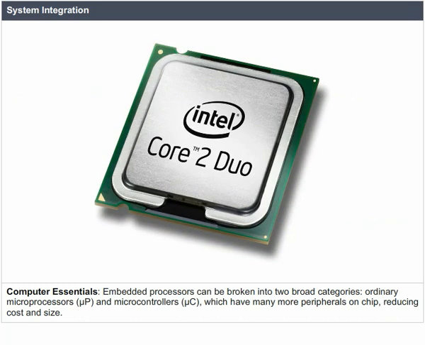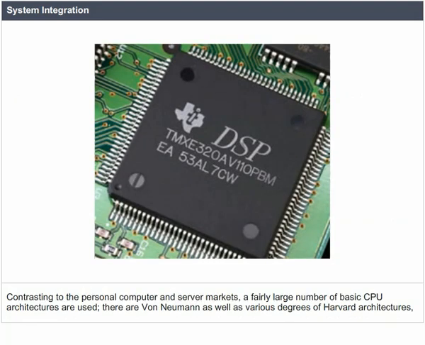Computer essentials. Embedded processors can be broken into two broad categories: ordinary microprocessors (MU-P) and microcontrollers (MU-C), which have many more peripherals on chip, reducing cost and size. Contrasting to the personal computer and server markets, a fairly large number of basic CPU architectures are used.